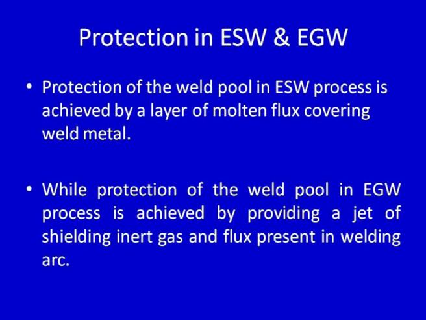Protection to the weld pool in the electroslag welding process is achieved by a layer of molten flux covering the weld metal, while the protection of the weld pool in electrogas welding is achieved by providing a jet of shielding inert gas and the flux which is present in the welding arc.